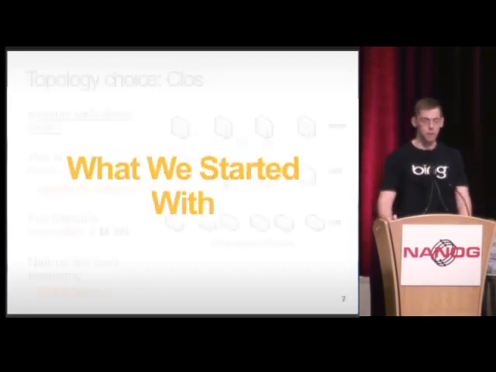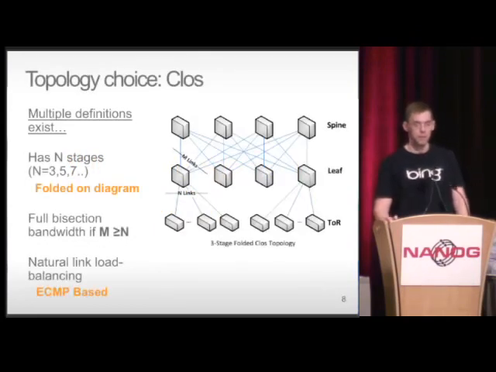So let's look at our first initial solution. The choice of Clos topology, I guess, is now very common in the industry. Clos, as they call it in the industry, is a network which has 3 stages. The middle stage is often called the spine layer, and the input and output stages are often folded together and called the leaf layer.